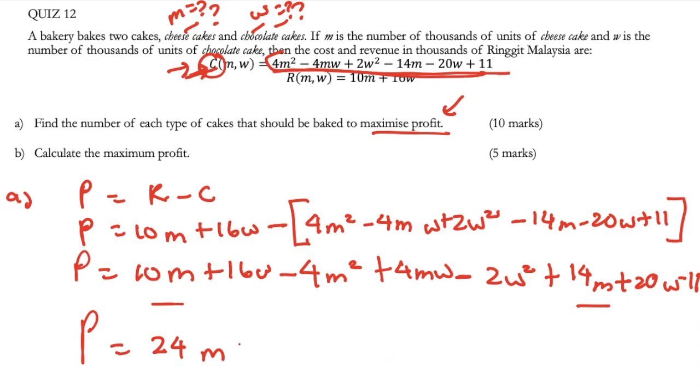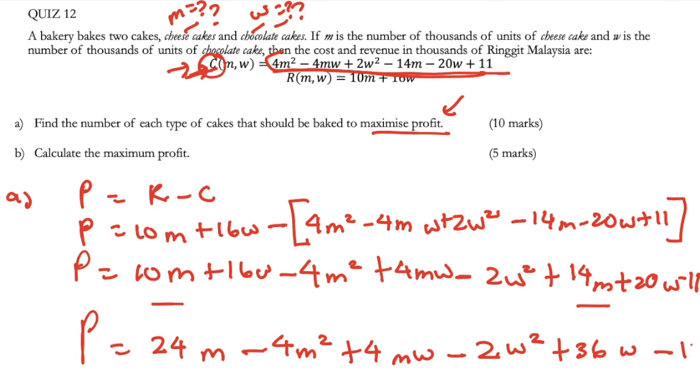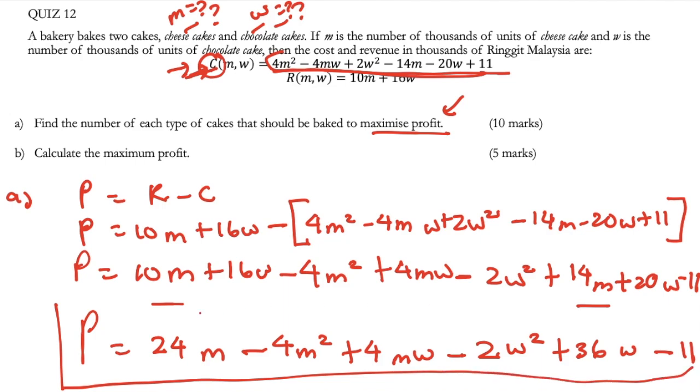And then minus 4m square, and then plus 4mw, and then minus 2w square, and then plus 36w. Make sure you know how to get 36w, and then minus 11. So this is the answer for your profit function. I hope this is clear, yeah? Okay, so next.